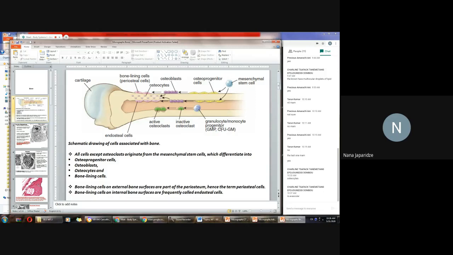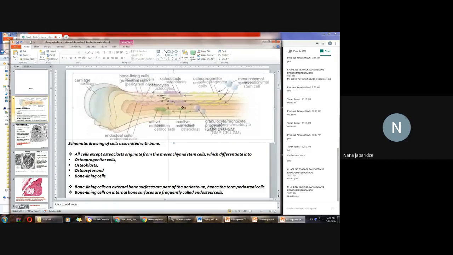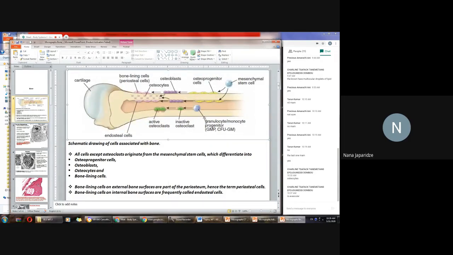Regarding the osteoclast, it is differentiated from precursors of blood cells, granulocyte or monocyte progenitor cells. They give rise to inactive osteoclasts, and osteoclasts are inactive before they become activated by the osteoblast cells, you know. So very interesting relations exist between the osteoblast, osteocyte, and osteoclast cells.